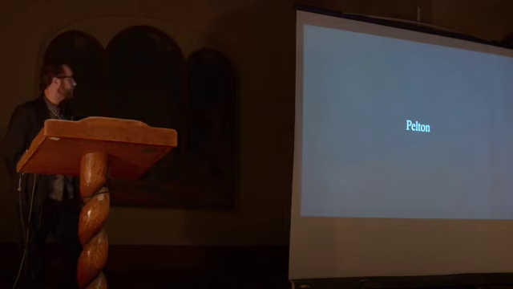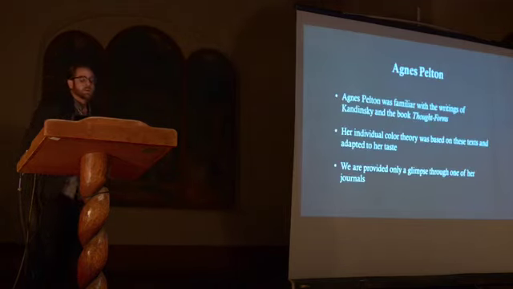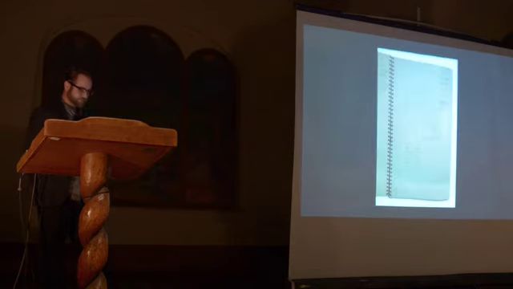So from here, we're going to move on to Pelton herself. Now, Agnes Pelton was familiar with the writings of Kandinsky and the book Thought Forms. Her individual color theory was based on these texts and adapted to her taste. We are provided only a glimpse through one of her journals.